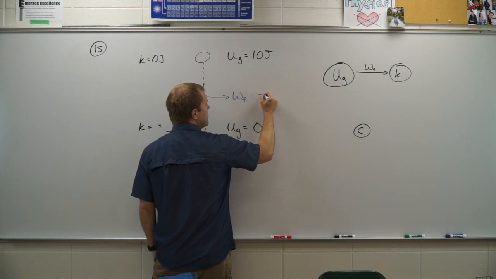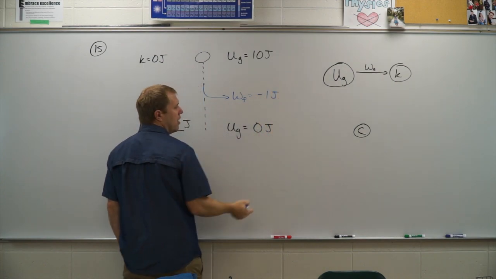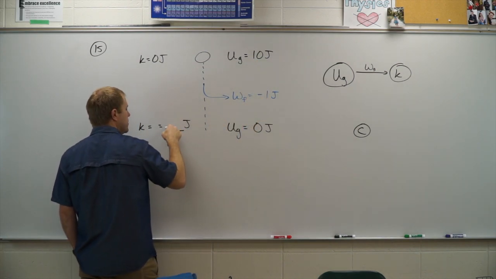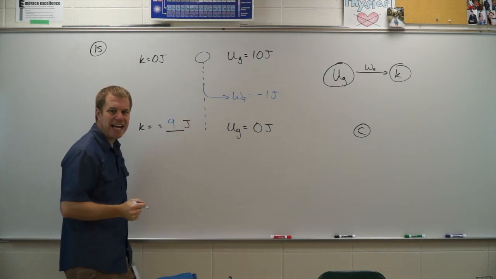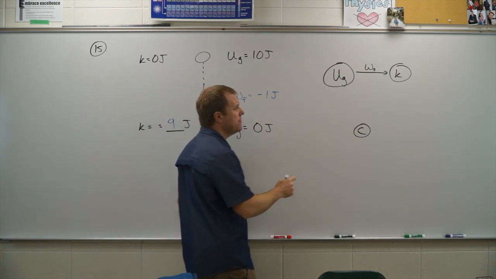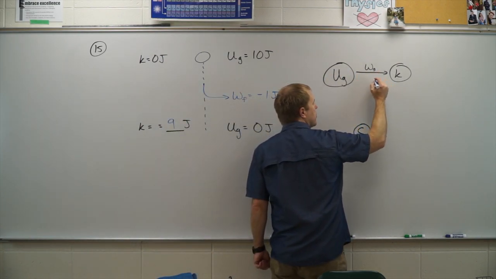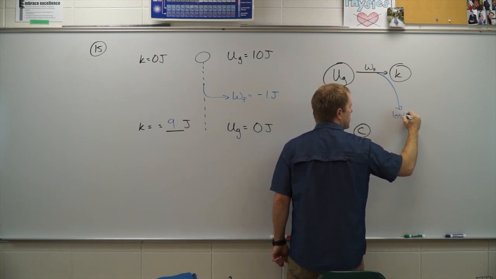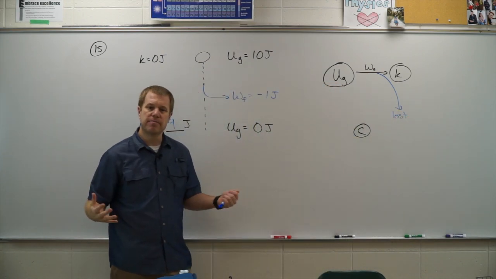And so it's going to maybe do -1 joule of work. And in doing so, 10 and -1 turns out to be left with only 9 joules of kinetic energy. So as that energy is transferred over, some of that energy is lost to friction. So not all of it makes it over there.